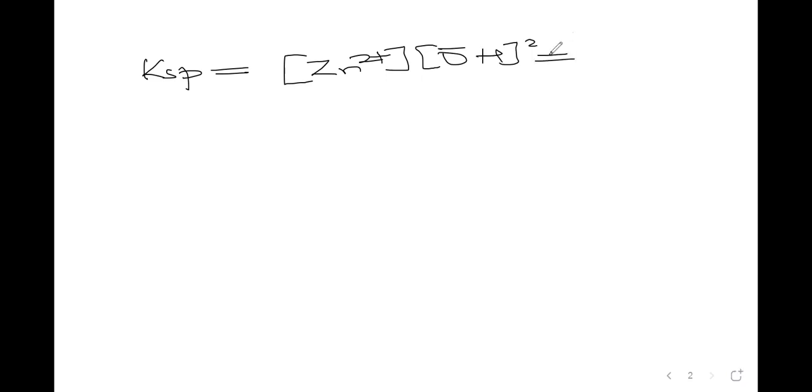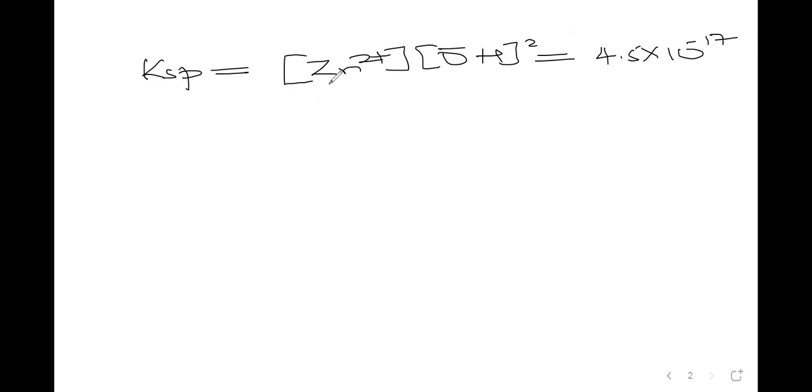And this is equal to the value we are given in the question, 4.5 times 10 power negative 17. Remember, in paper one, our space is limited. It's not always good to write this expression, then write again Ksp down here. That's why you're seeing me doing this. This is to orient you to the way you should try to arrange your work.